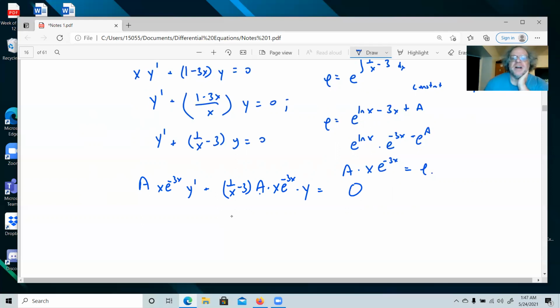What am I going to do with this a that occurs in both terms? Even if there was something other than a 0 over here, like a 1, I'd still have an a x e to the negative 3x. What would happen to these a's? They'd all cancel.